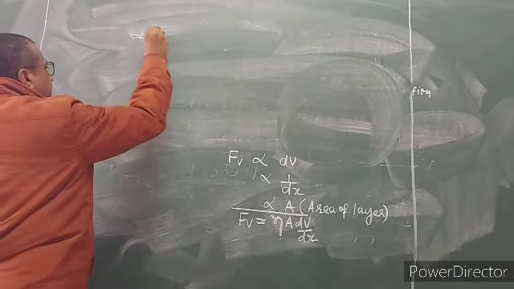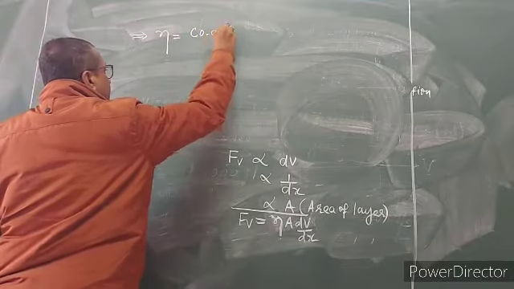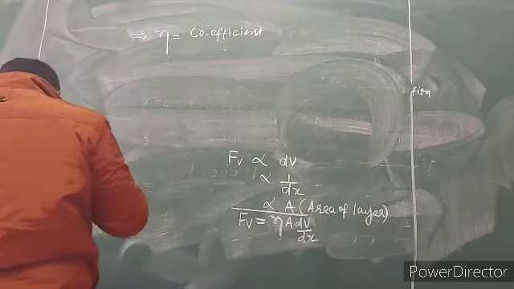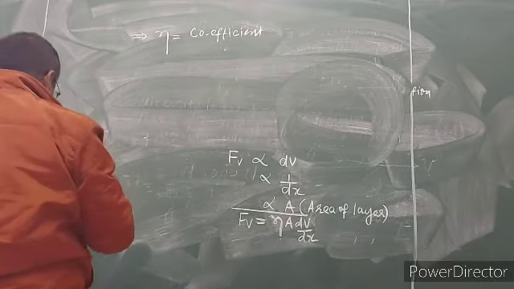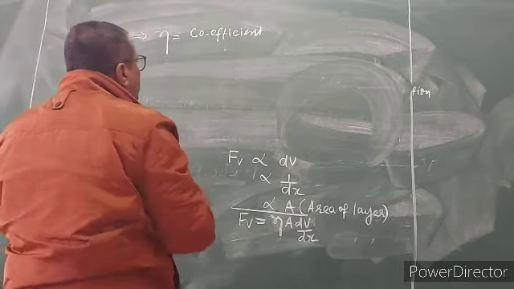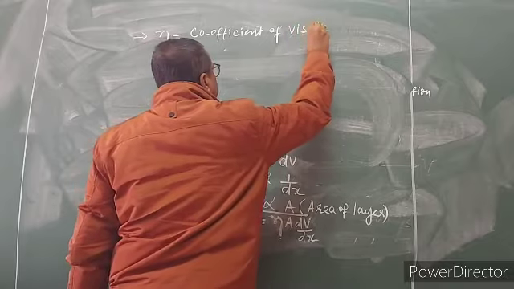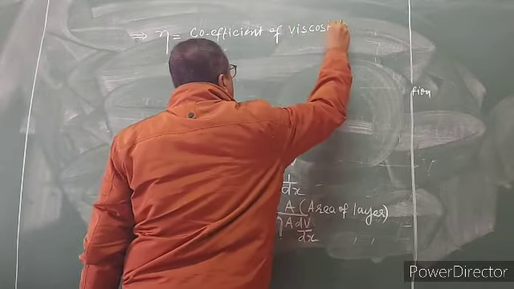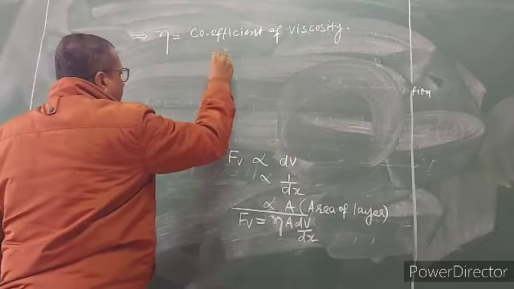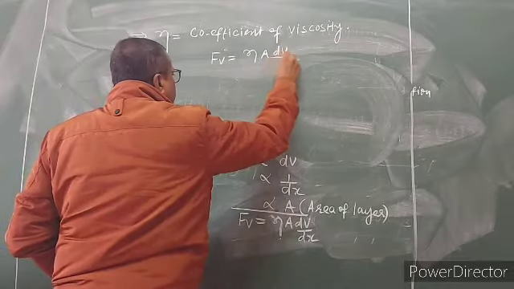Eta is called the coefficient of viscosity. Hence, you have to learn this formula: viscous force equals eta A dv by dx.